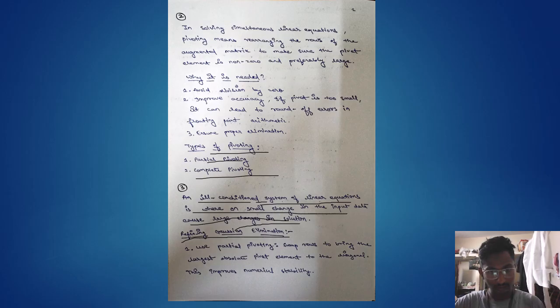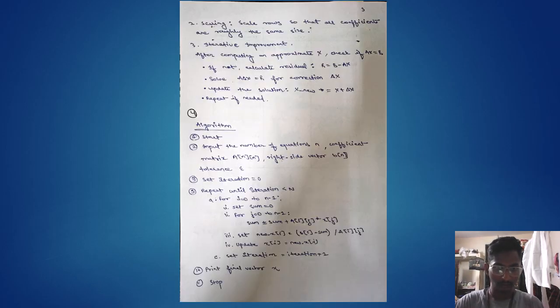Refining Gaussian elimination: first, use partial pivoting and swap rows to bring the largest absolute pivotal element to the diagonal. This improves numerical stability. Second is scaling: scale the rows so that all coefficients are roughly the same.